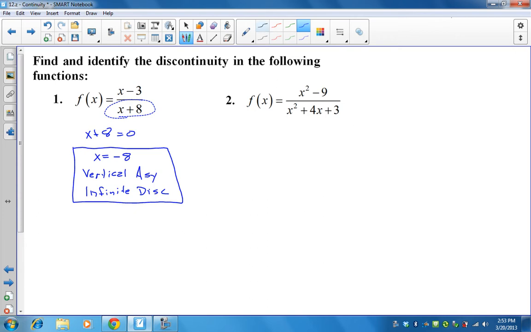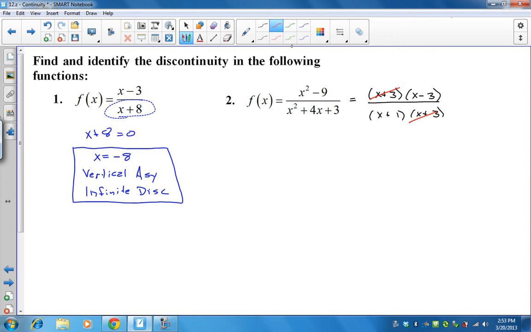Okay, number 2, this one is not factored, so let's factor number 2. X squared minus 9 is a difference of squares. That's x plus 3, x minus 3. On bottom, factors to x plus 1, x plus 3. And I notice that x plus 3 cancels.